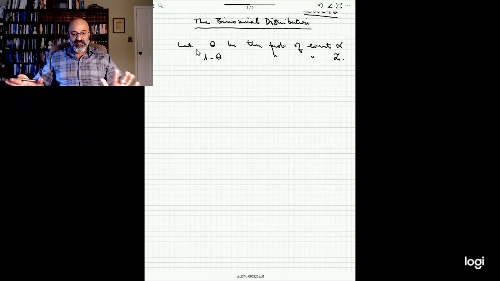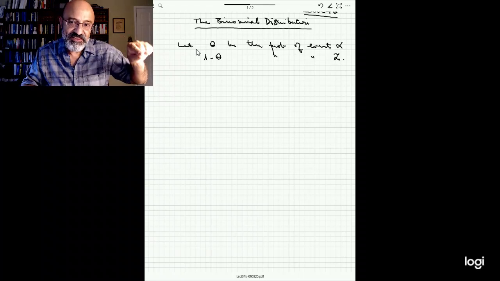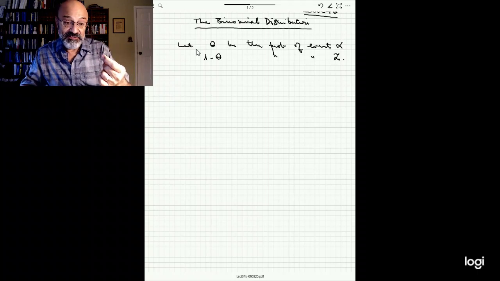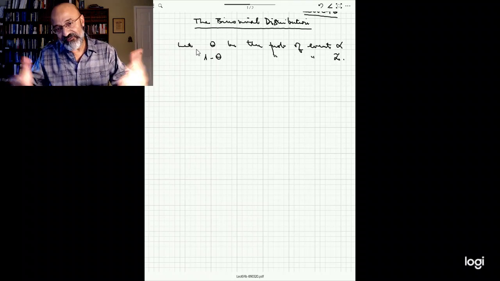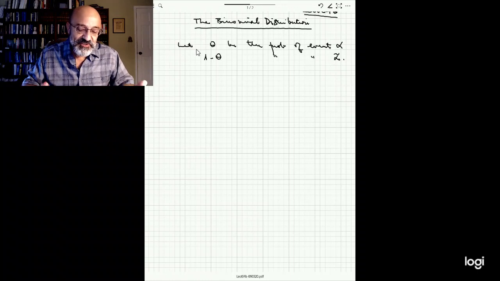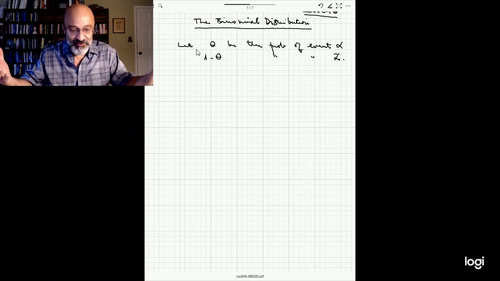Now you start seeing why the binomial distribution is so common. Whether alpha represents tossing a coin and getting heads or not heads, or the atom decayed or did not decay, or it's raining or not raining, the number of situations where you have something happening or not is extremely common.